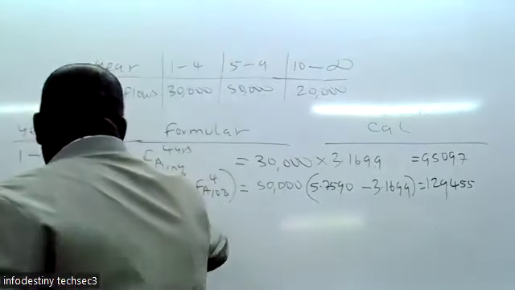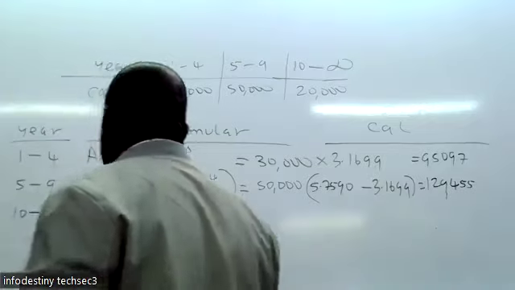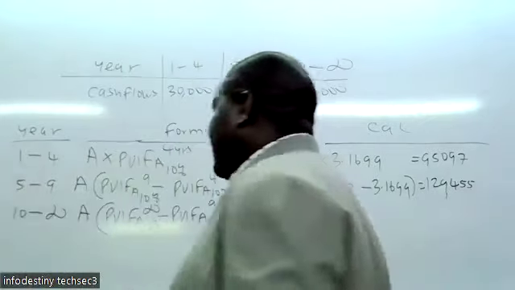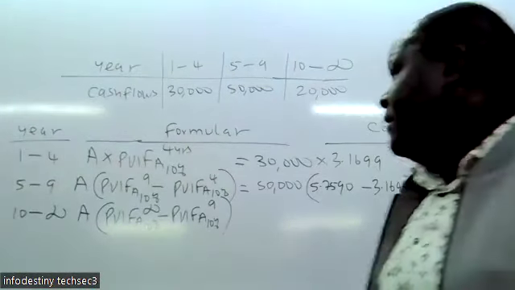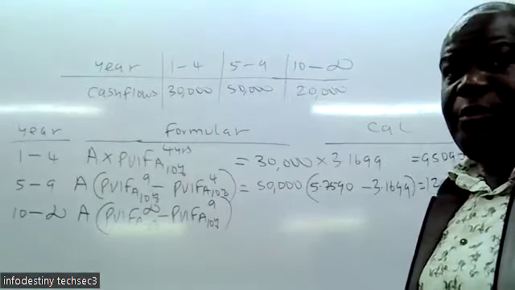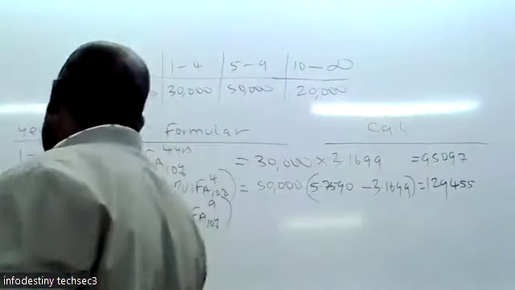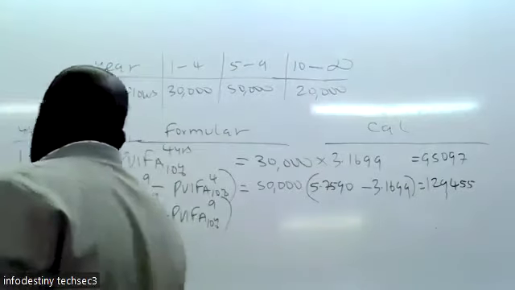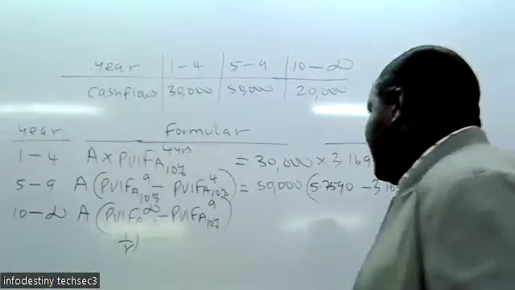Then we subtract present value interest factor for the annuity at 10% in year 9. So up to infinity, it is not in the table. I gave you a formula for the present value of the annuity in perpetuity. So in perpetuity is not there. We use 1 divided by R.